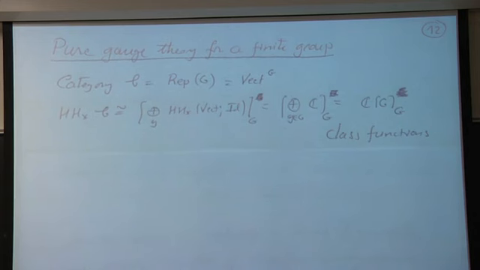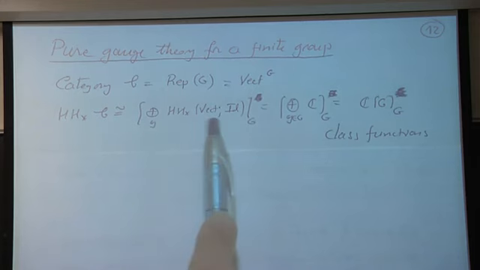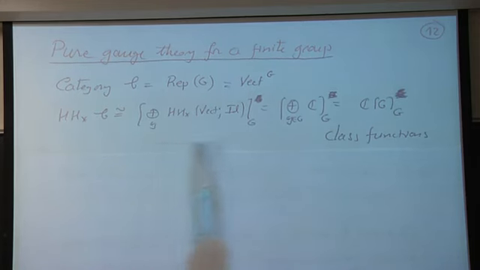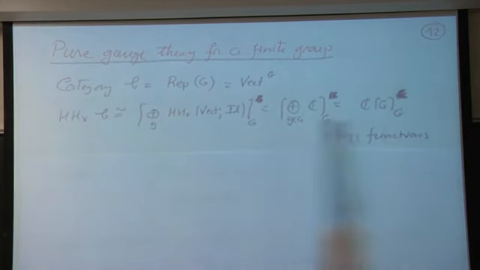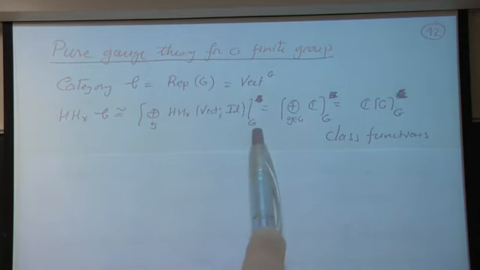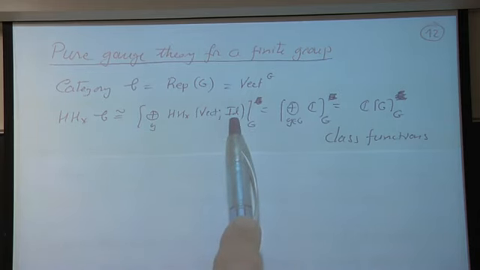Yeah, the twisted sector computation tells you to take the sum over all group elements of the Hochschild homology of the functor induced by a group element on Vect, and then in the resulting space take invariance. I wrote co-invariance here because it fits better, invariance under the entire group. Now all the functors are the identity.